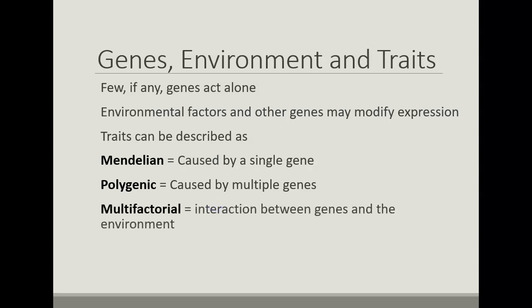And then we have something called multifactorial traits. And multifactorial traits are where we have an interaction between genes and the environment. So even the trait that I just mentioned, skin tone, even though there are multiple genes that are responsible for it, and we could consider it polygenic, there is an impact of the environment also.